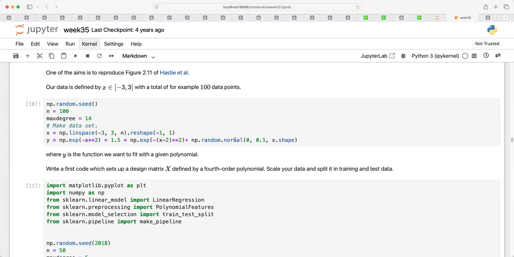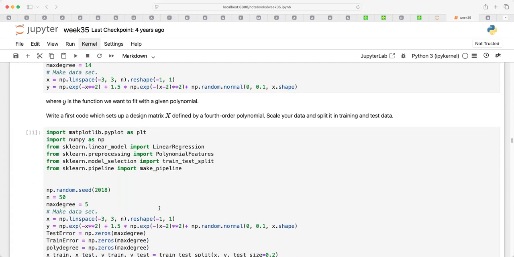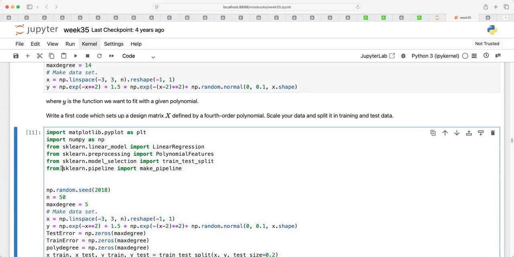So in the previous case, I just did it by hand, order by order. Now I'm just going to use polynomial features in scikit-learn, which you see I import here. And let's say we do 100 points and we want to do a 15th order polynomial.